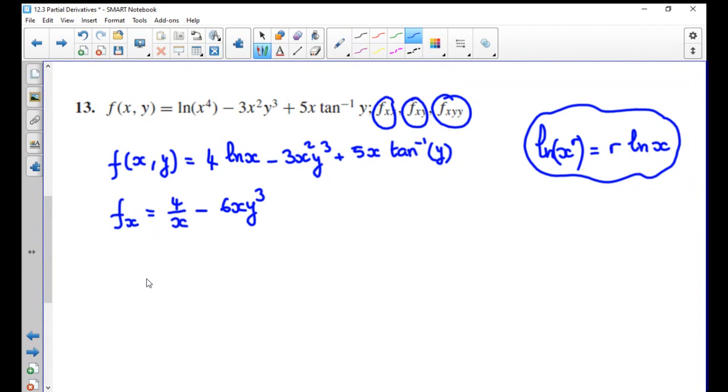And the third term, no need for the product rule, because can you see the x? Anything else is a constant. So what will the derivative be? 5 tan minus 1 of y. There is no need for the product. 5 tan minus 1 of y, like this.